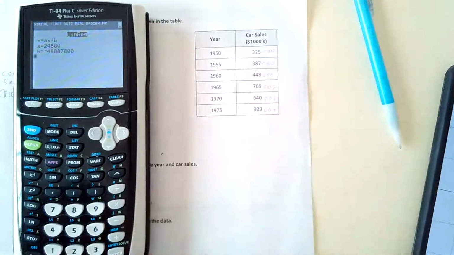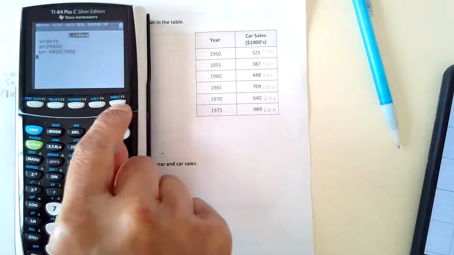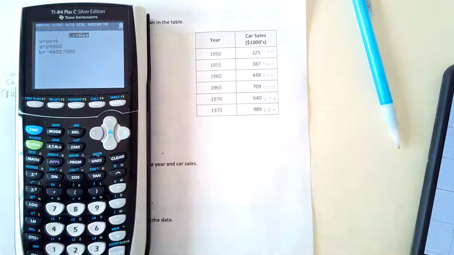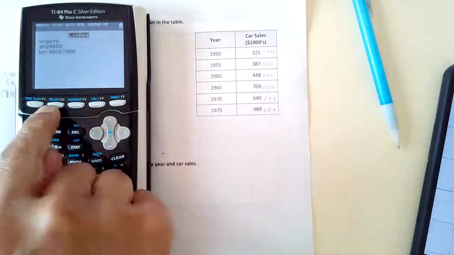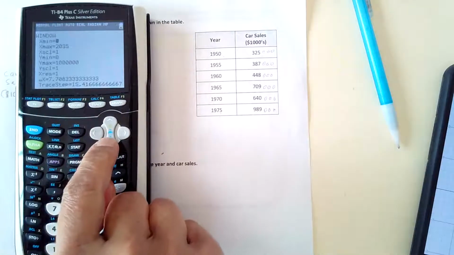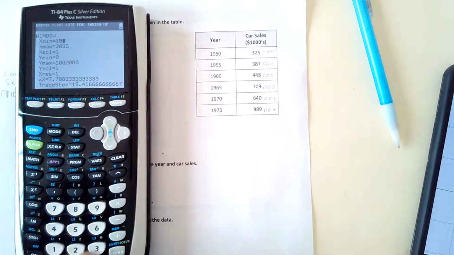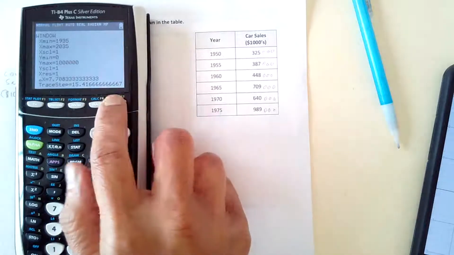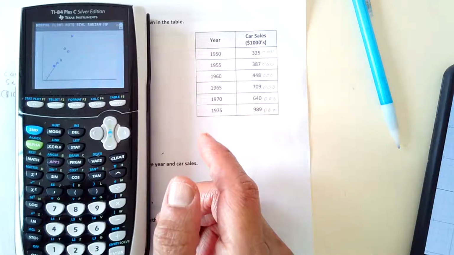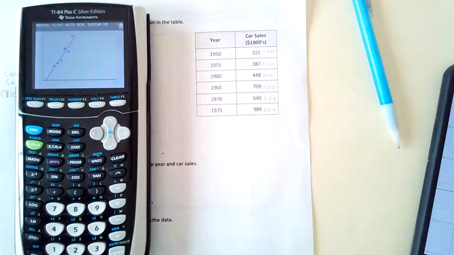Now, if you didn't truncate it, you'll end up with the same result. In other words, if I didn't change my window, so I put my window, let's say from 1935, you'll see it nicely there.